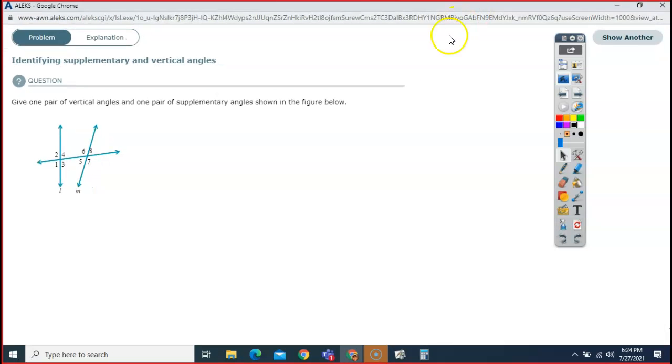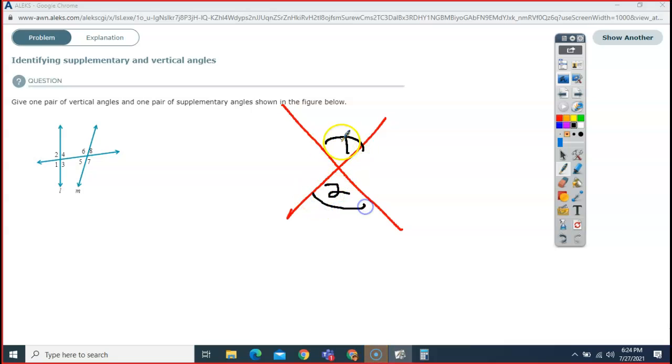All right, so quick lesson. If it looks like angles, if it's numbers like here and here, like to get to 1 and 2, you have to cross through an X, those are always going to be vertical, okay? I could also call these verticals.